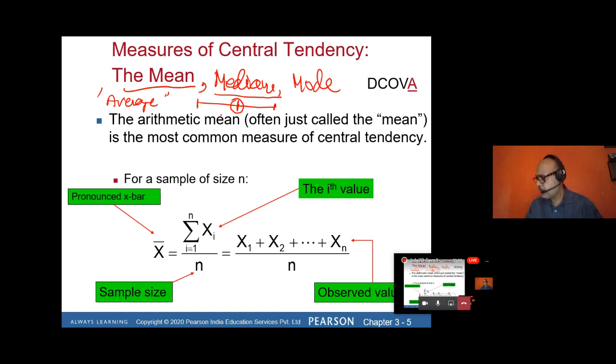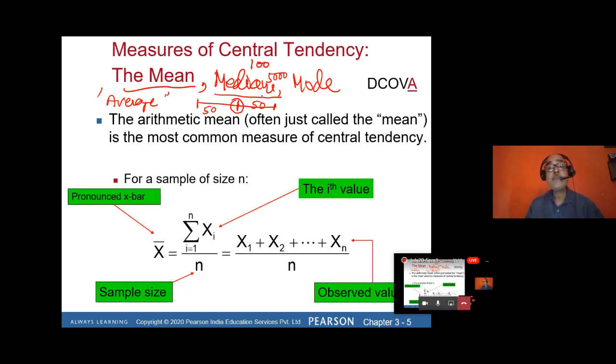For example, if your organization has 100 employees, and you say that the median is 5,000 rupees, then you can say that 50 employees in your organization have a salary less than 5,000, and 50 employees have a salary more than 5,000. So this is also a central tendency, and this is called median.